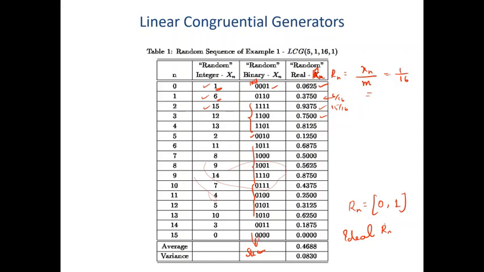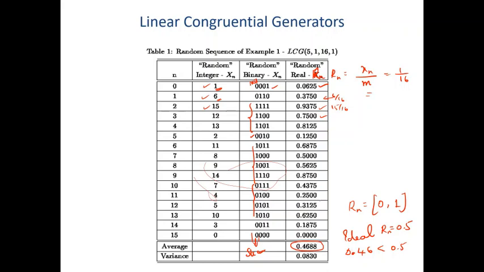So the ideal value of Rn should be 0.5, which means the average of all these Rns generated is 0.46, which is slightly less than 0.5. So it is not very close.